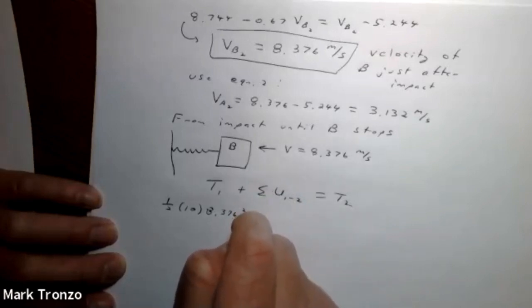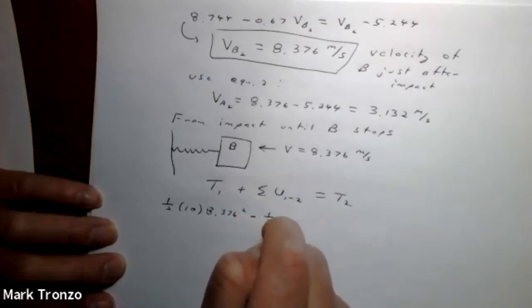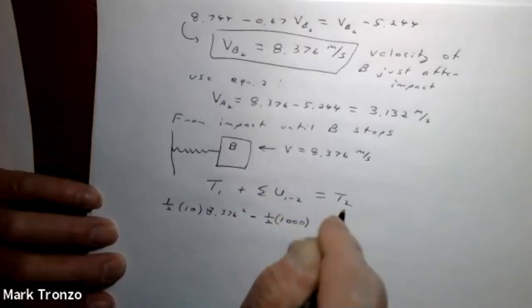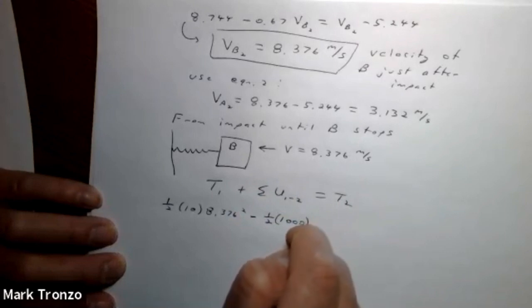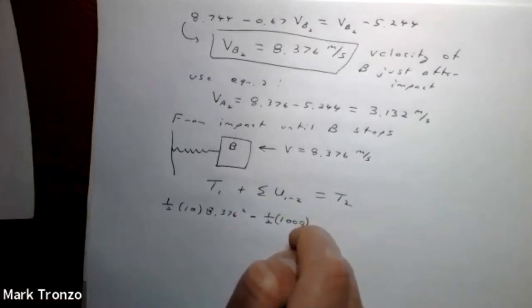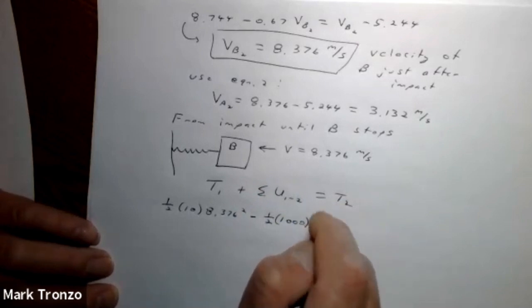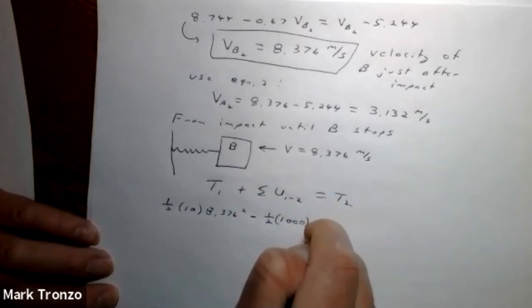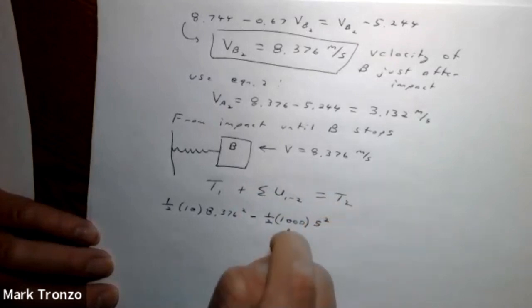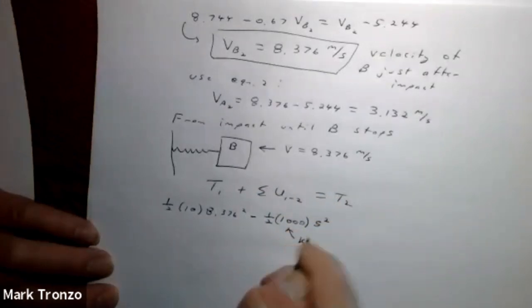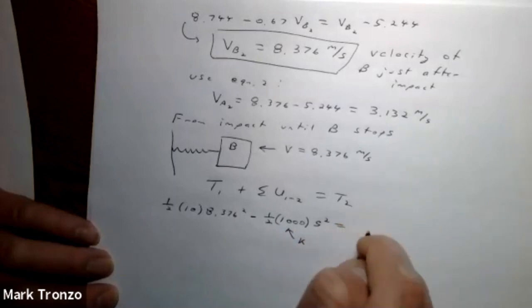And so it's going to be minus 1/2 k, which is our, what was it, 1,000 times our delta S squared. So I'll just put S squared. Remember, this is our spring constant times S squared. That's the only force acting on it.